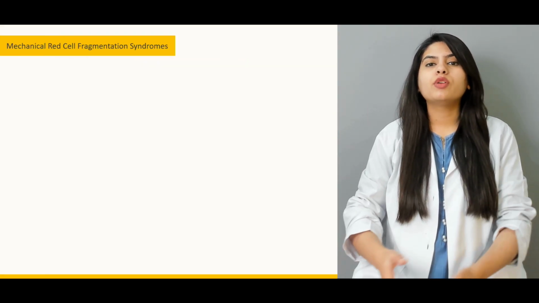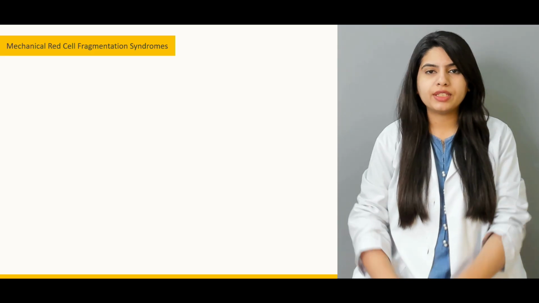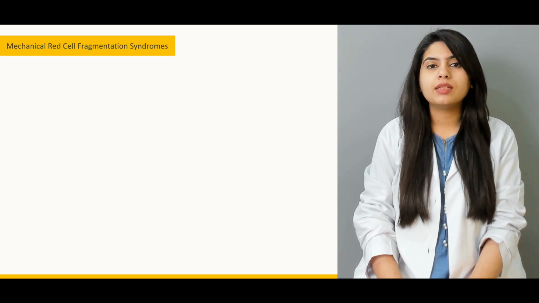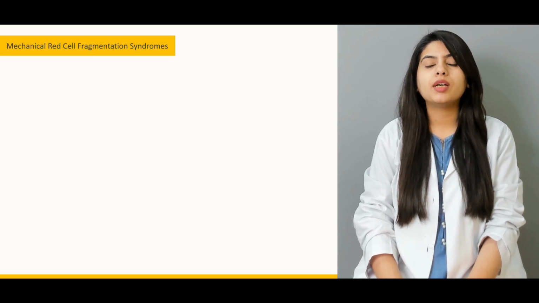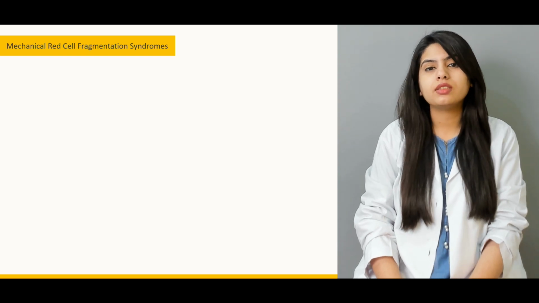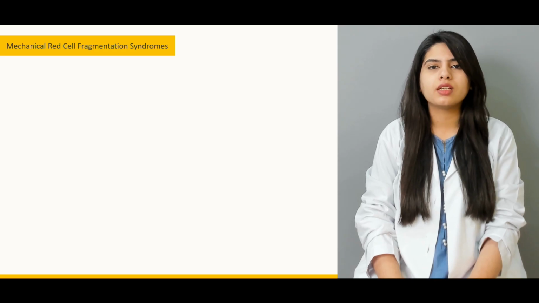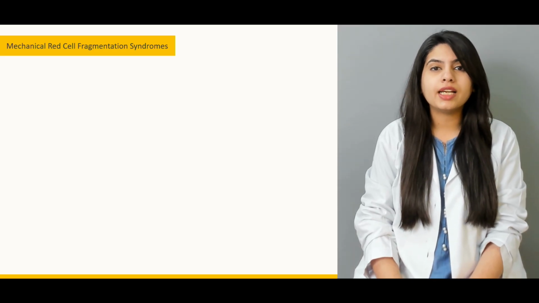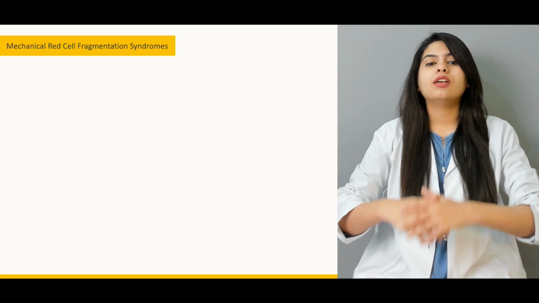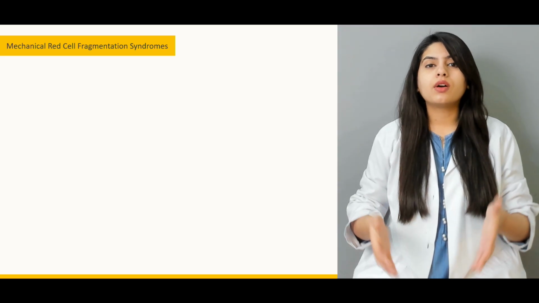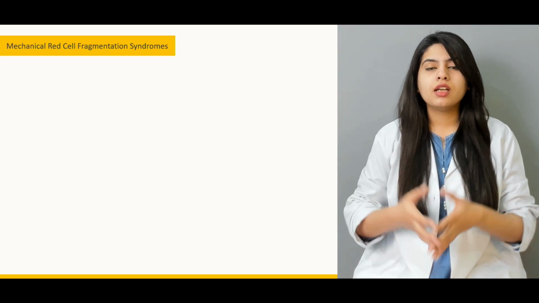Now let's talk about non-immune mediated hemolytic anemia. Non-immune mediated hemolytic anemia may be due to any other reason that leads to the destruction of red blood cells or causes hemolysis. Now what can be that reason? That can be obviously any fragmentation syndrome or any mechanical distress.